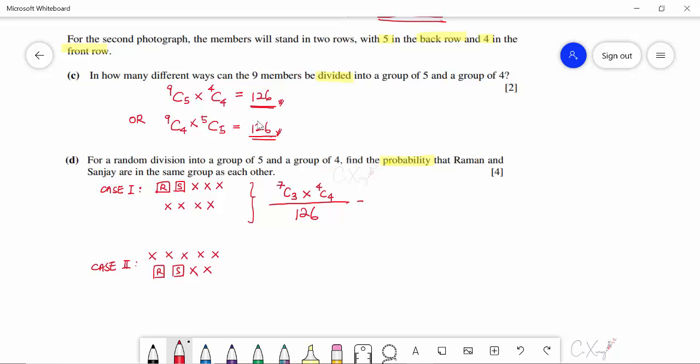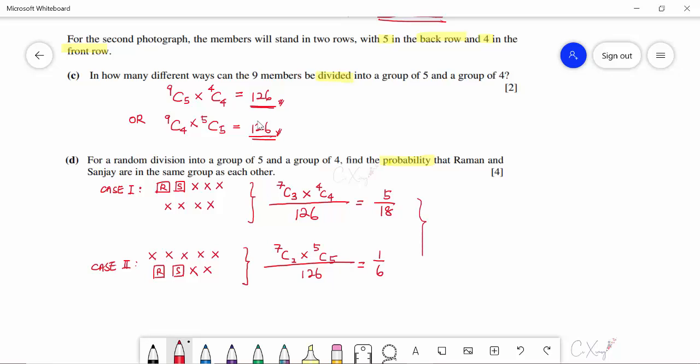So you get the first answer here, which is 5/18. Then for the second case, the same thing happens. You have 7C2 multiplied by the remaining 5 persons going to the back row, then divided by 126. So you have 1/6 for case number 2.